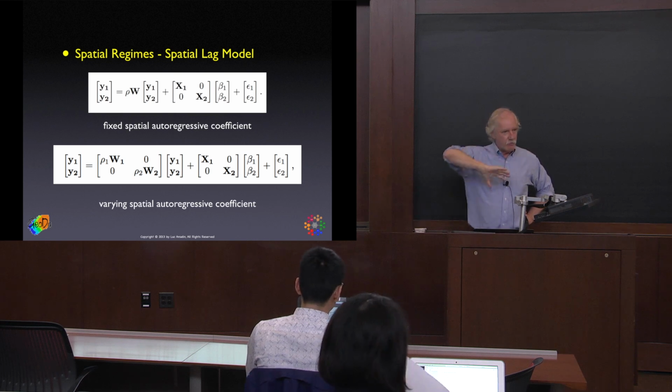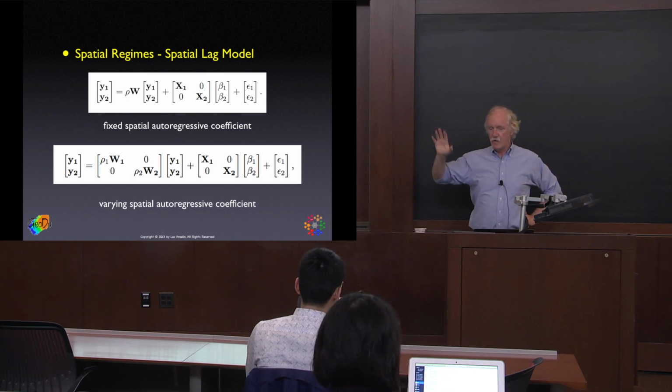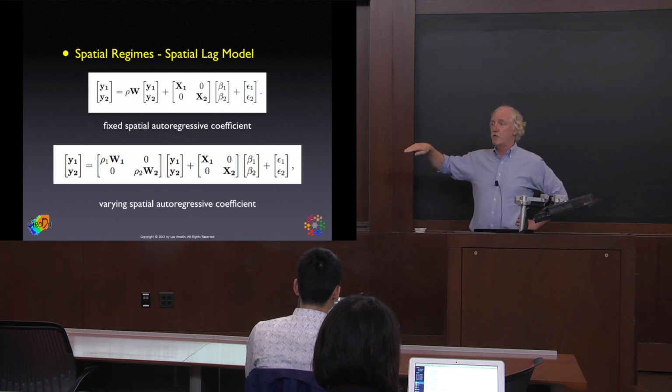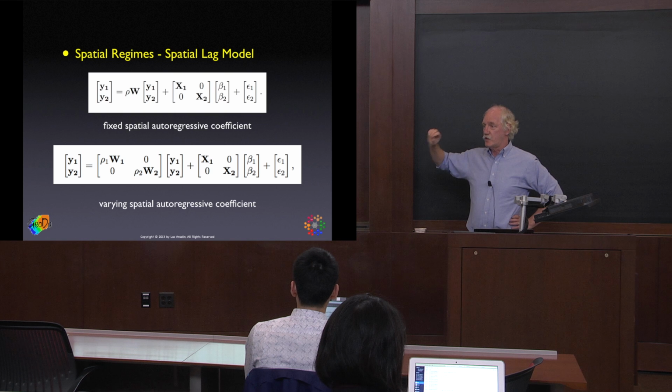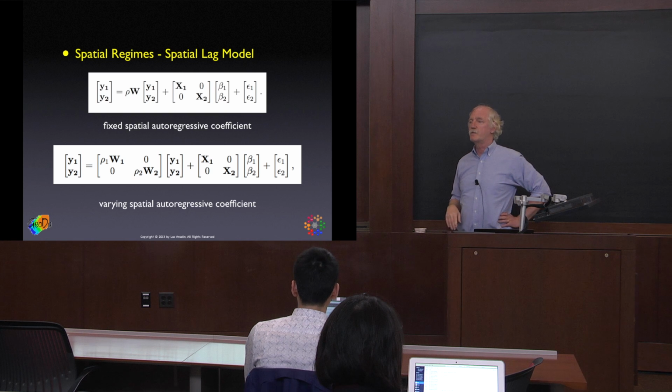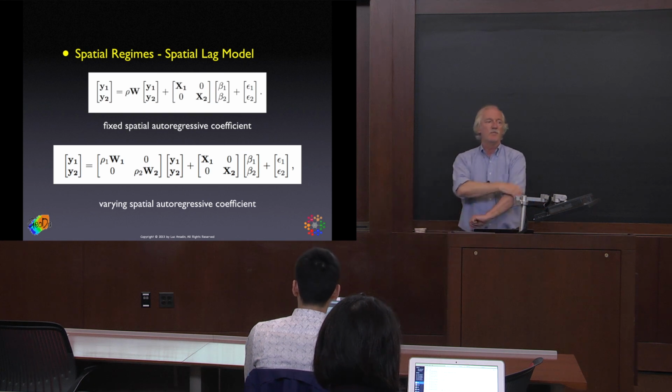The weights matrix pertains to everything, right? And in the case on the bottom, we split the weights matrices between the two subsets. There is no spillover between the two. So W1 stops at the border of regime 1. W2 also stops at the border. There's no spillover at the border.